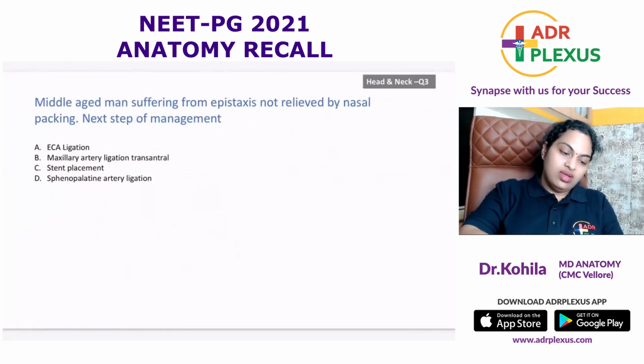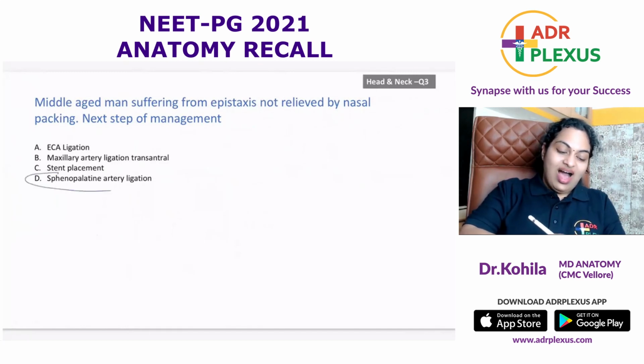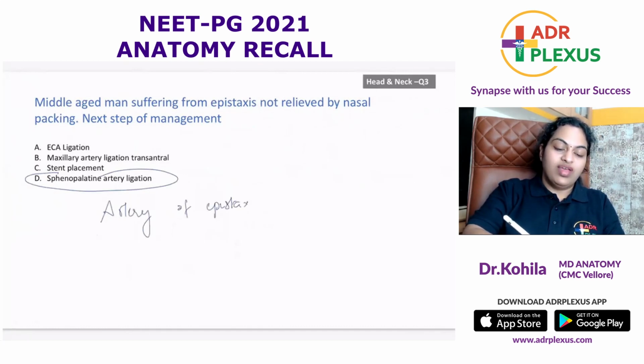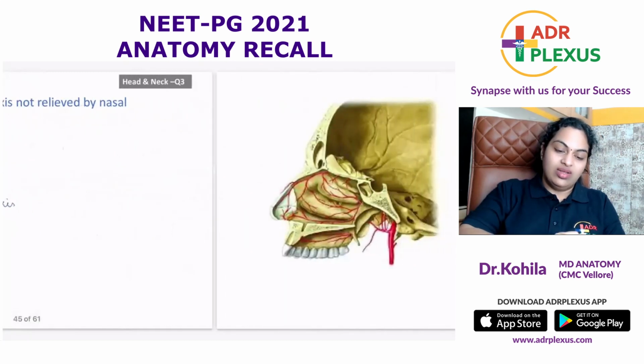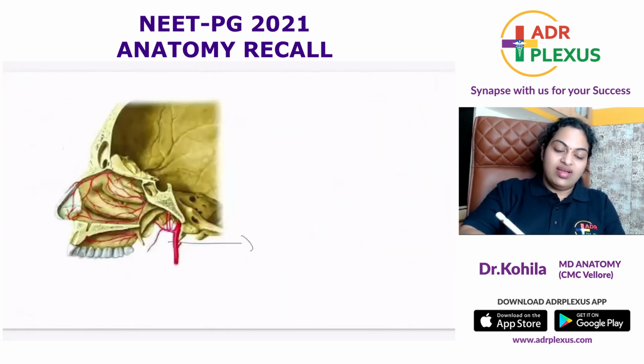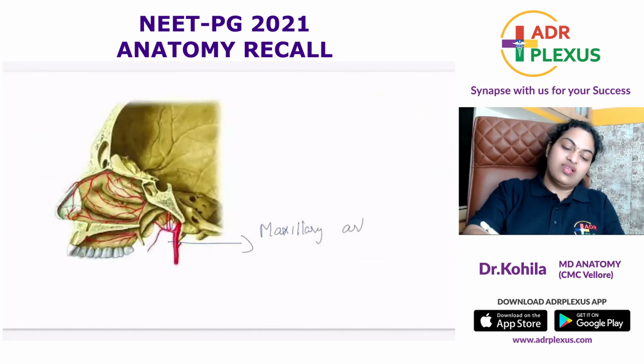Now, head and neck, the third question that was asked: a middle-aged man suffering from epistaxis not relieved by nasal packing. Next step of management? The artery of epistaxis, right? The sphenopalatine artery is called the artery of epistaxis. Why? The long sphenopalatine artery arises from the maxillary artery. I'm just discussing the anatomic concept of the question.